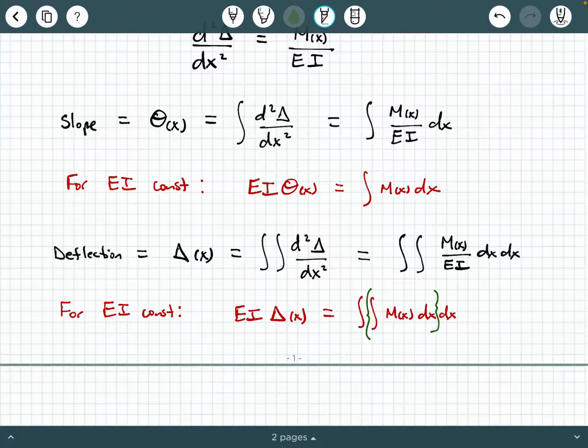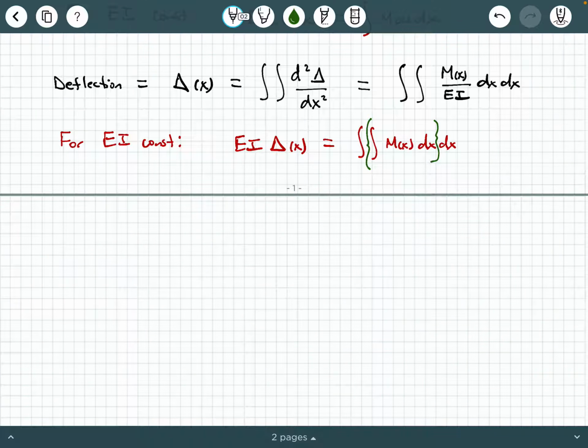All right, so let's talk about some attributes of the sign convention.